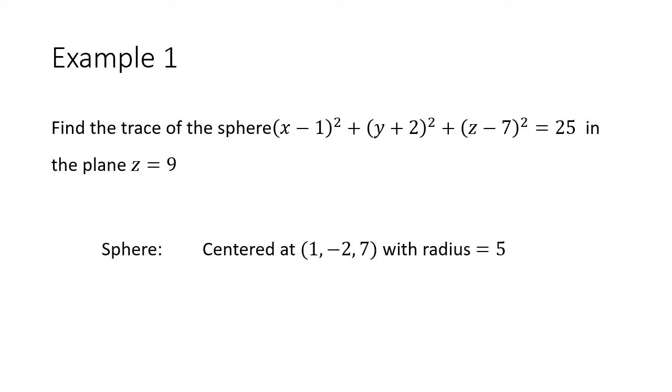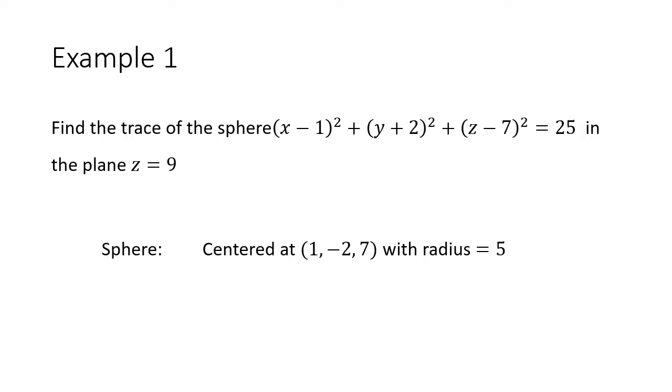Well, I know I have a sphere. This is the equation of a sphere. We're told it's a sphere, but hopefully we can see that anyway. Its center is at the ordered triple (1, negative 2, 7), and it has a radius of the square root of 25, which is just 5.